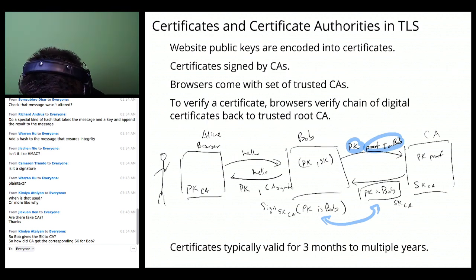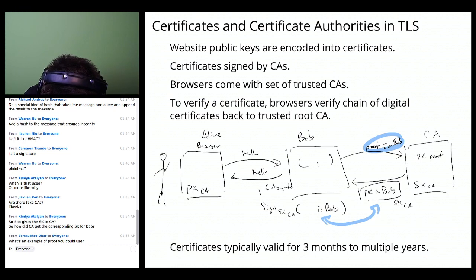Maybe it's easier for me to try to color things differently. So I'm going to color Bob in red. Okay, so Bob has PK and SK. Bob here sends PK and a signature that PK is Bob.